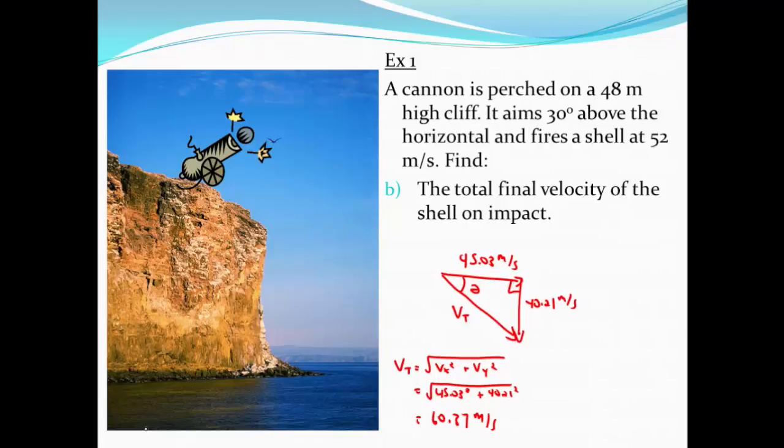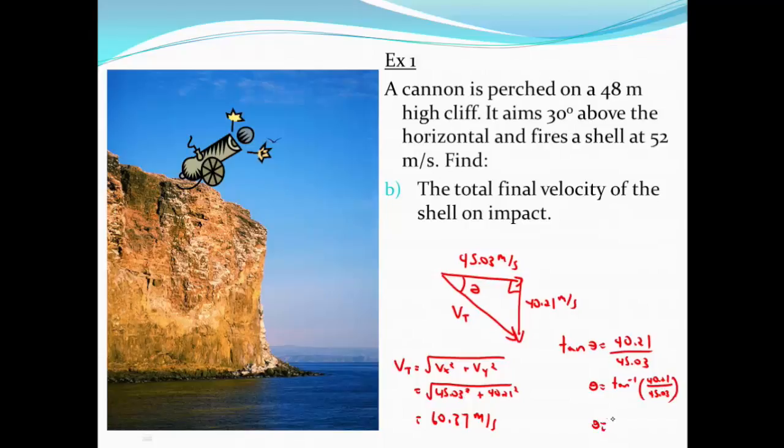Now that we have the final velocity, we can find what angle below the horizontal it actually is. And for that, we'll use tangent. That's equal to 40.21 divided by 45.03. So theta is equal to tan to the minus 1 of 40.21 divided by 45.03.